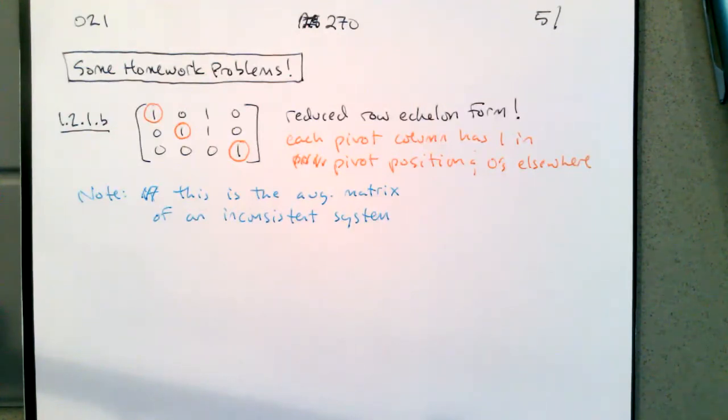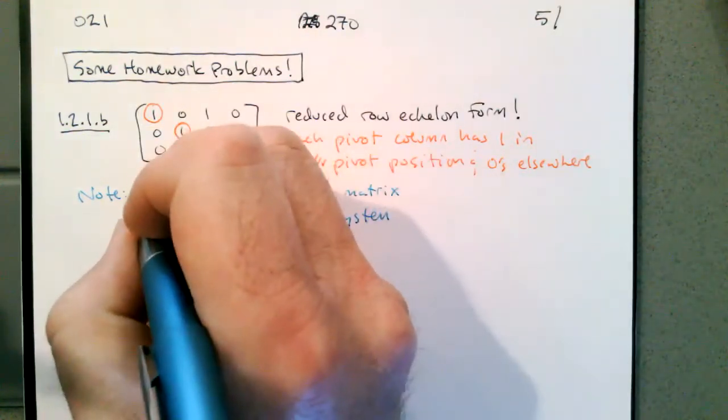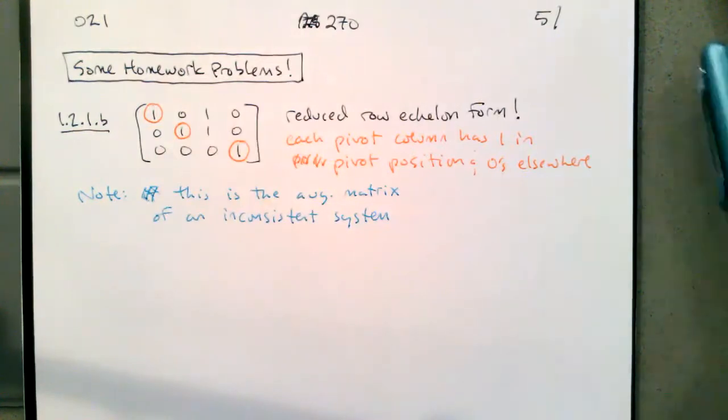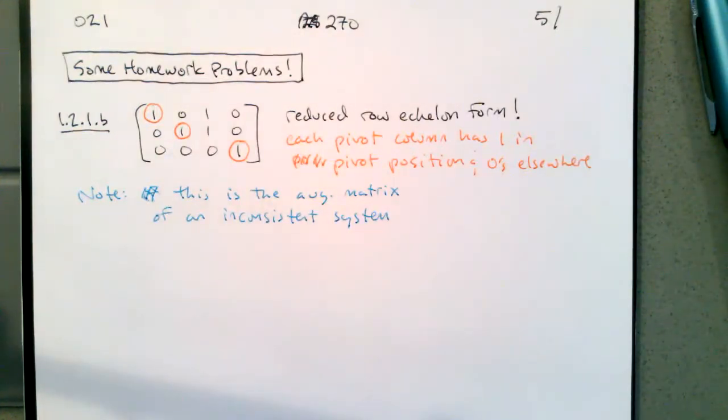The answer is no. So this is an important note, but not relevant to whether it's reduced or not reduced. I can absolutely see why this is confusing, because we want to think of it as kind of a yes or no question, but it's a different yes or no question. So good question.